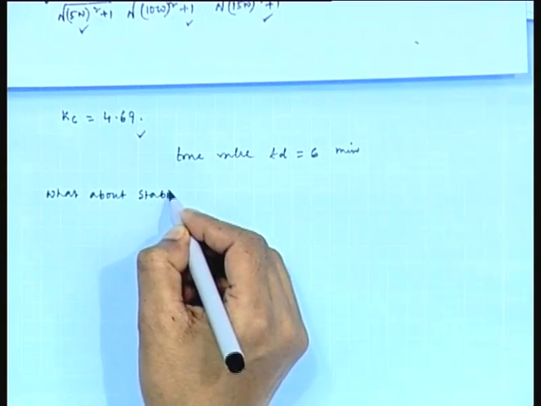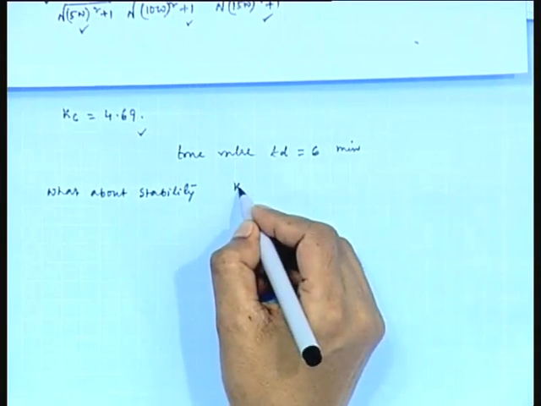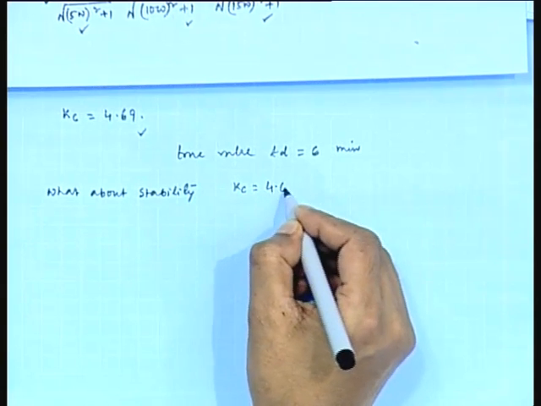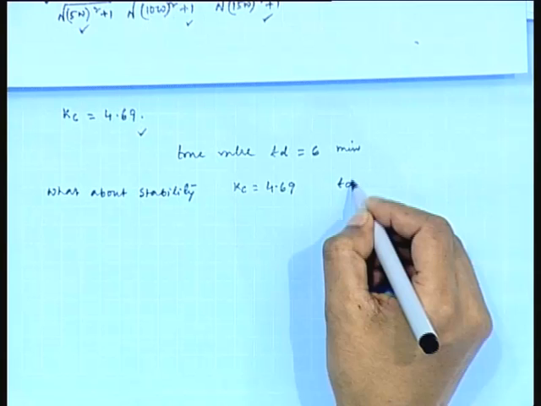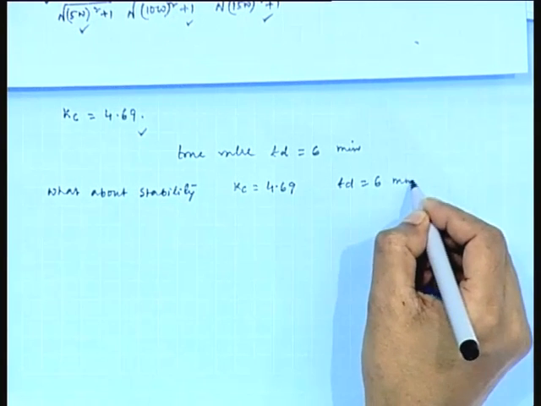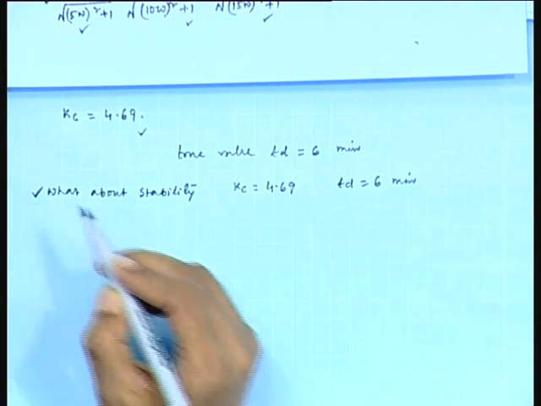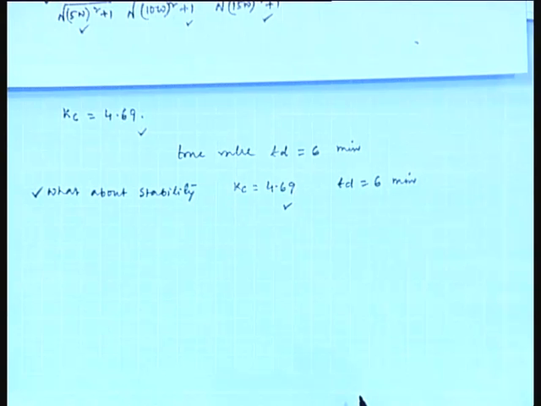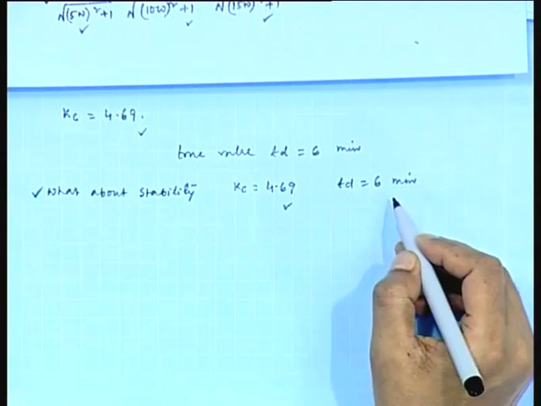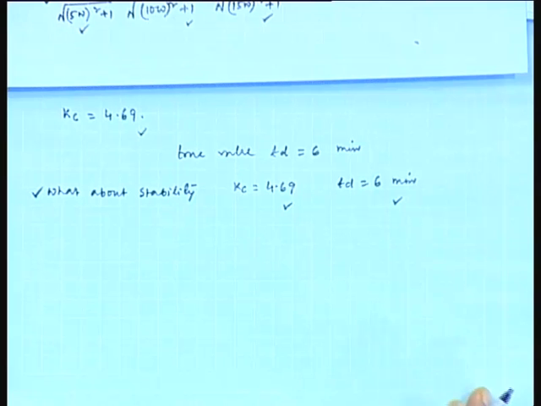What about the stability if we use Kc equal to 4.69 when the actual dead time is 6 minute?